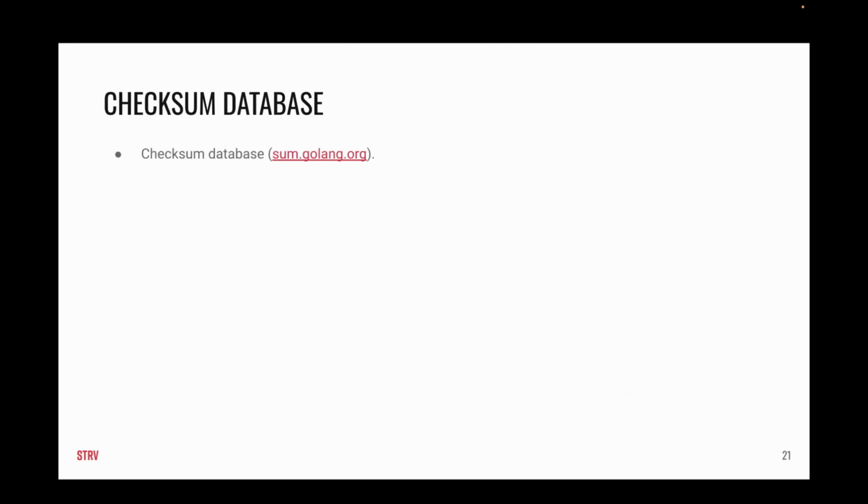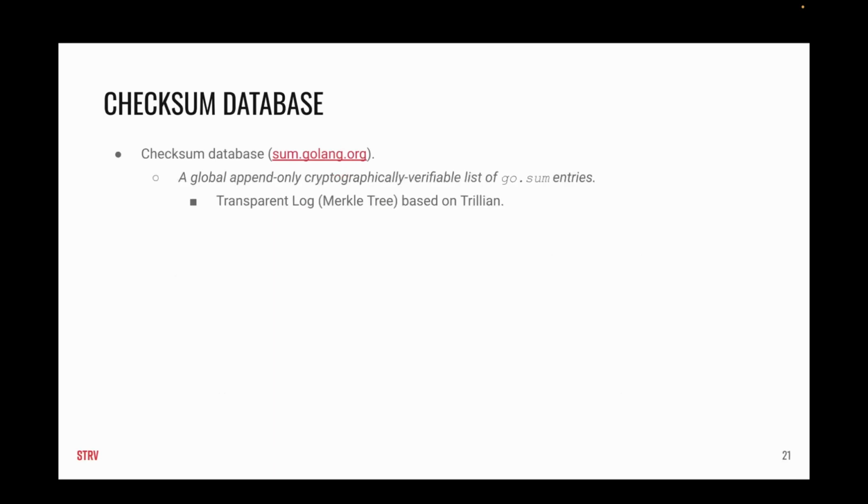It's a database operated by Google, which is append only and stores all the hashes of every module ever downloaded through the Go command. It's cryptographically verifiable, which means that anyone can download this list and verify on their own that it hasn't been changed or altered in any way.